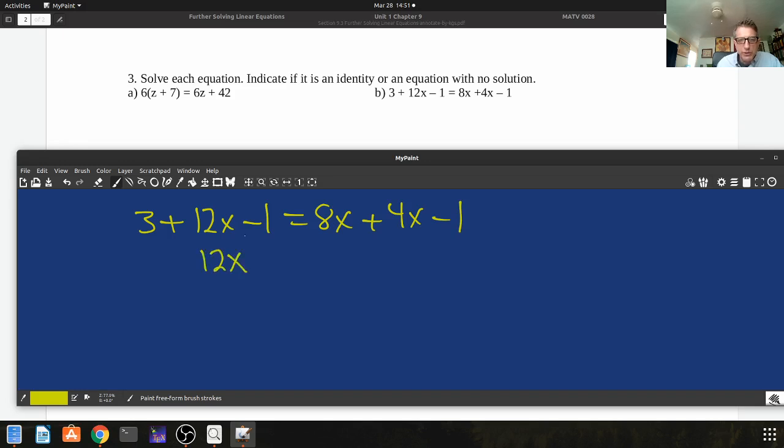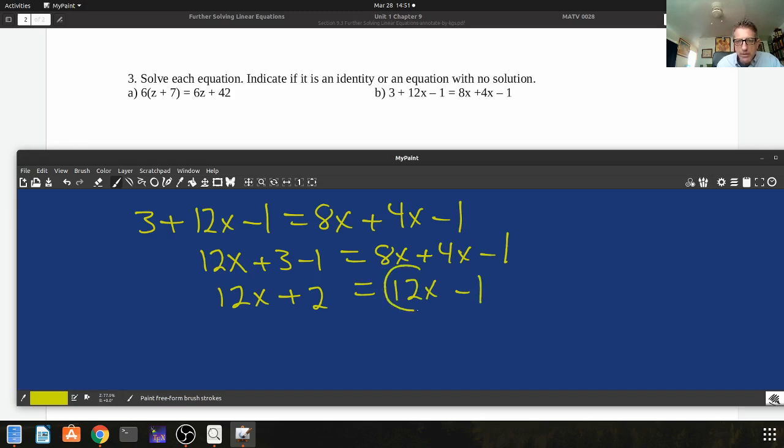That's 12x, 3 minus 1. So I'm 12x plus 3. So in other words, I'm collecting like terms, is equal to 8x plus 4x minus 1. So this gives me 12x, 3 minus 1 is plus 2. And 8x plus 4x is 12x minus 1.